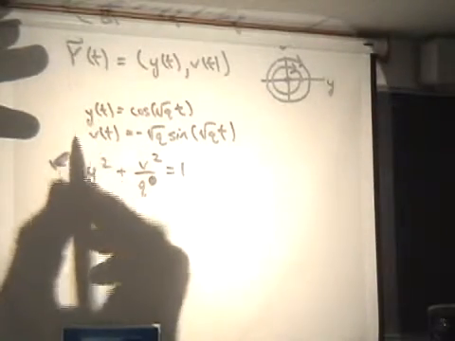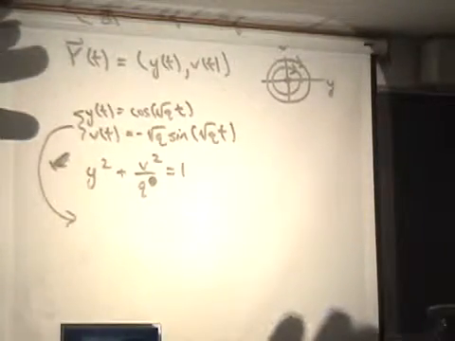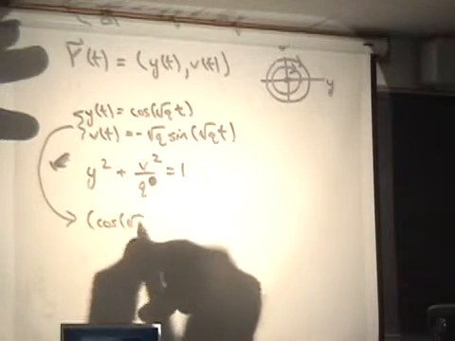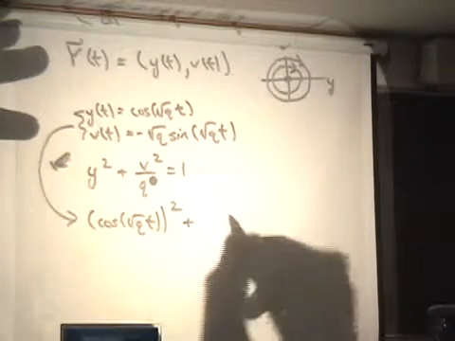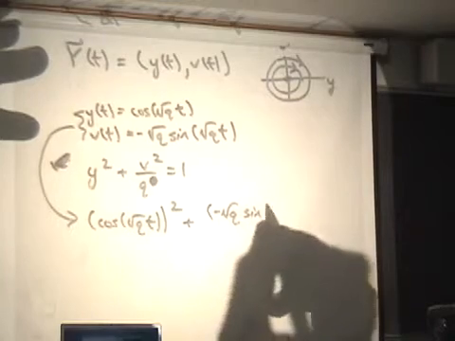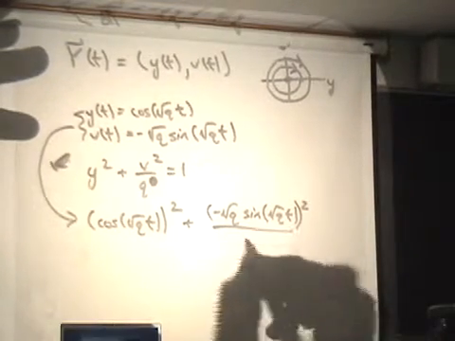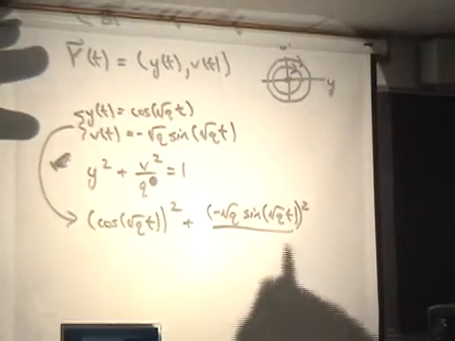So essentially all I need to do is take these functions and plug them into the left-hand side. Plug in cosine of square root of q t in for y and square it. Plug in negative square root of q sine of square root of q t for v, and I'm squaring it because I squared the v.